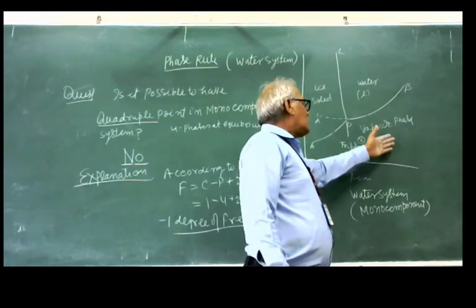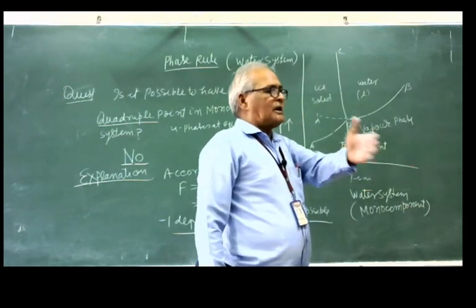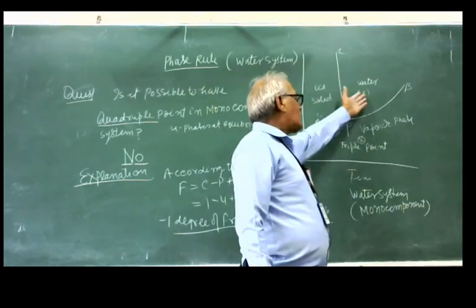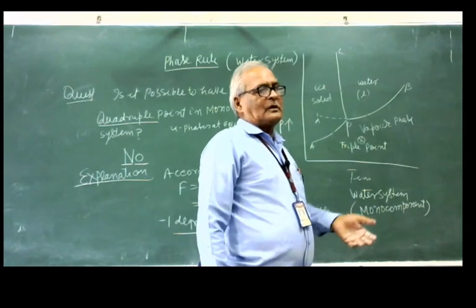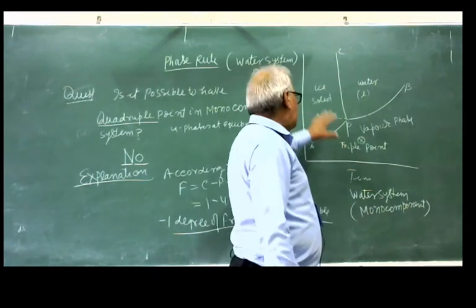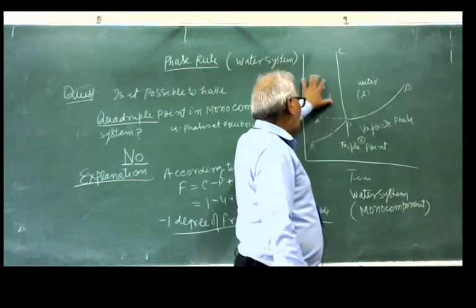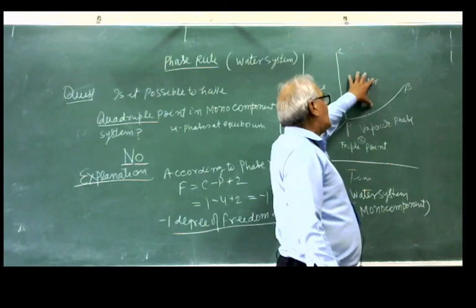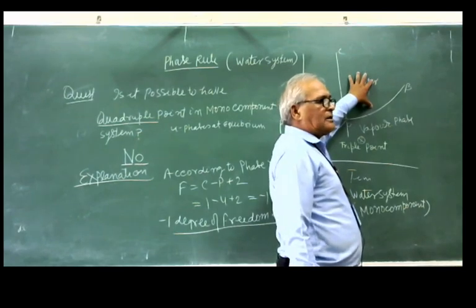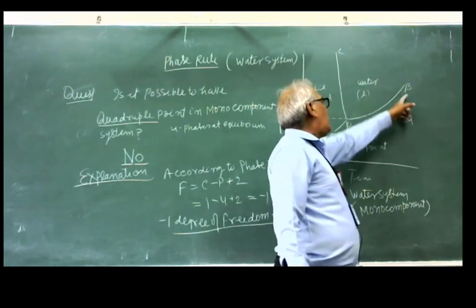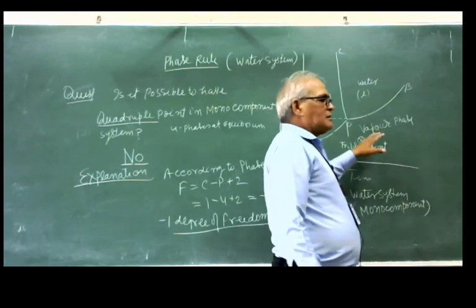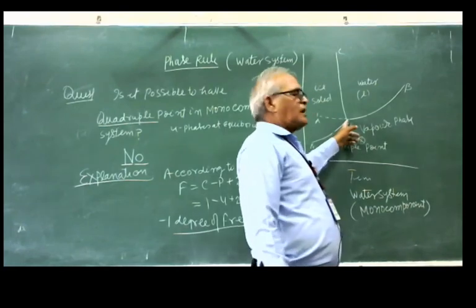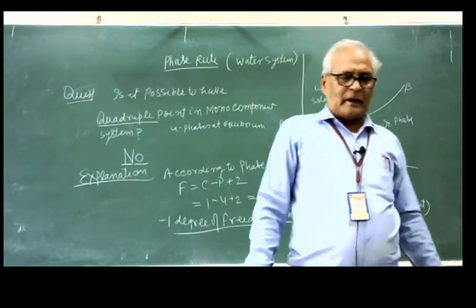OB, water and vapor are in equilibrium, degree of freedom 1. OC curve, solid and water are in equilibrium, degree of freedom is 1. Area AOC, solid area, degree of freedom 2. COB, liquid area, degree of freedom 2. AOB, gas area, degree of freedom 2. And you can say O is the triple point.